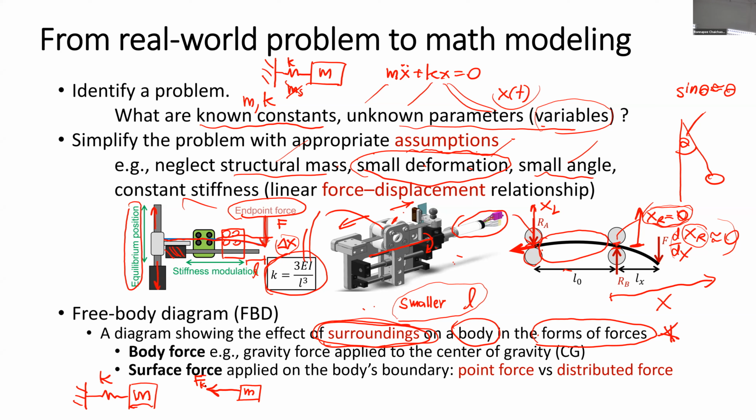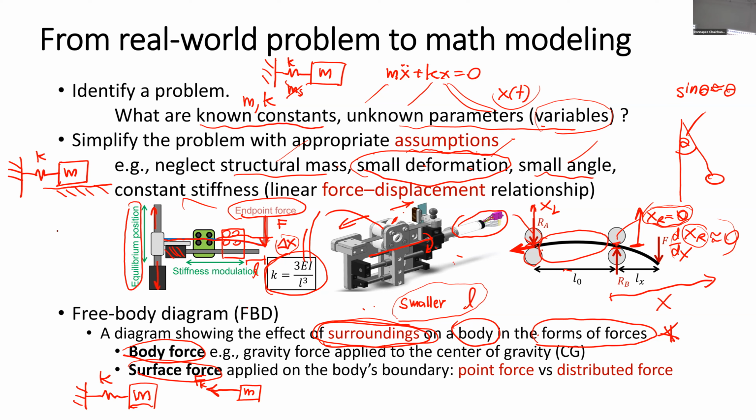And the concept of the body force and surface force. Again, sorry, I don't have the space to draw. We have the spring and the mass, and the mass is also put on the floor.